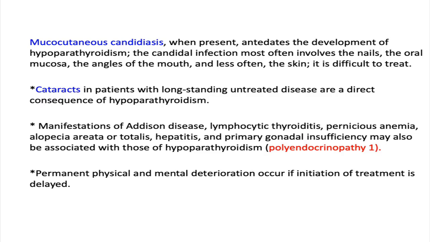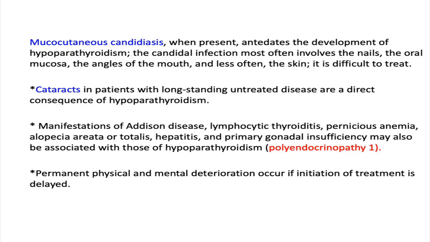Manifestations of Addison disease, lymphocytic thyroiditis, pernicious anemia, alopecia areata or totalis, hepatitis, and primary gonadal insufficiency may also be associated with those of hypoparathyroidism. This indicates an autoimmune process, and this is called polyendocrinopathy type 1. So it could be one part of polyendocrinopathy type 1.